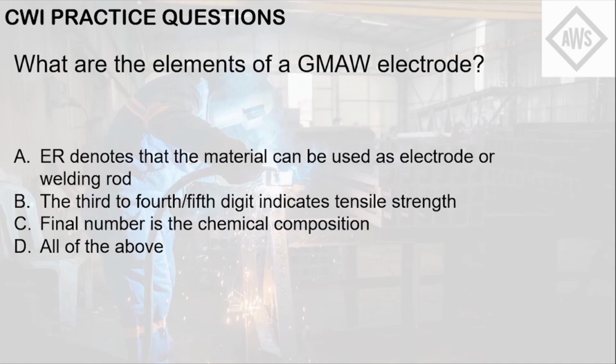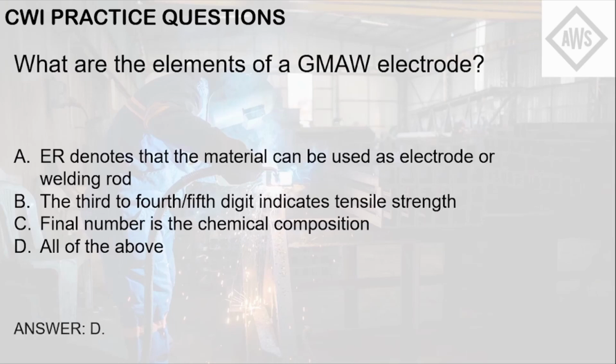So the ER denotes that the material can be used as electrode or welding rod. The next digits indicate tensile strength, so if it is 70 or 100, that indicates 70 KSI or 100 KSI respectively. And the final number, similar to the SMAW electrode, is the chemical composition of that GMAW electrode.